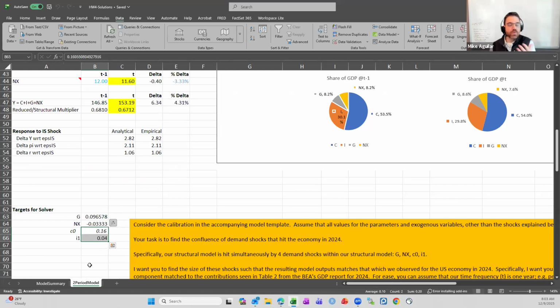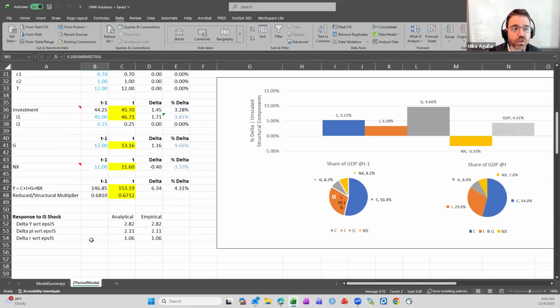You could make an argument, well, G and NX, those should be non-negative because they're economic activity. Two things. One, they're real, so you could think with inflation adjustment, maybe they're not always positive. And two, net exports is negative. So you have a strong basis for why I should restrict these two.